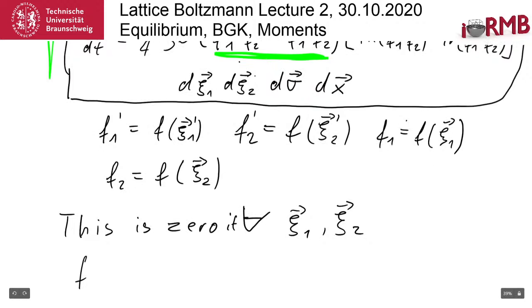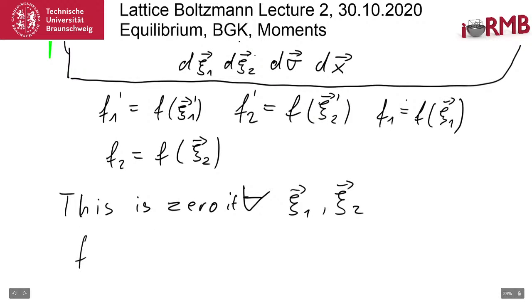So this means that F1 after collision times F2 after collision, minus F1 before collision times F2 before collision. If this is 0, then we are in equilibrium, okay?